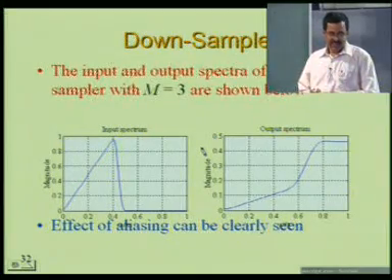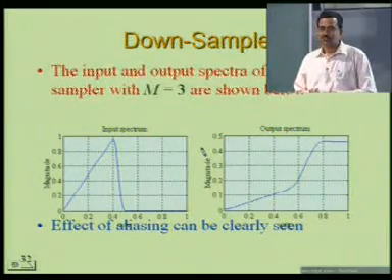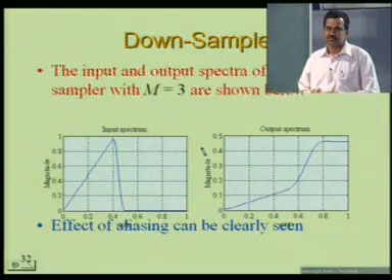Effect of aliasing can be clearly seen. Here the pass band is restricted to 0 to π/2, as in the earlier case, but when I consider M equal to 3, then there will be the problem of aliasing, and it is clearly observed from this figure, the output spectrum.